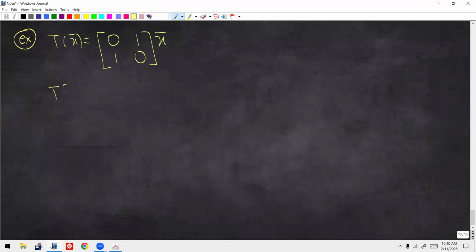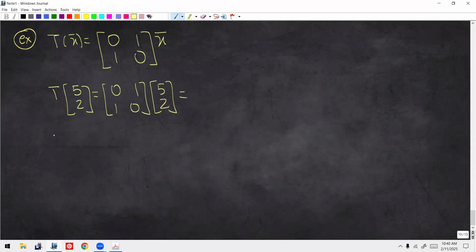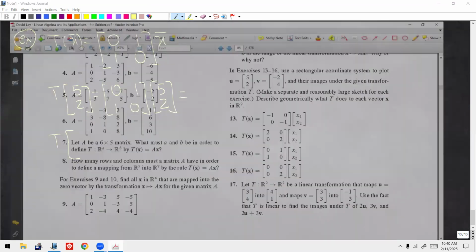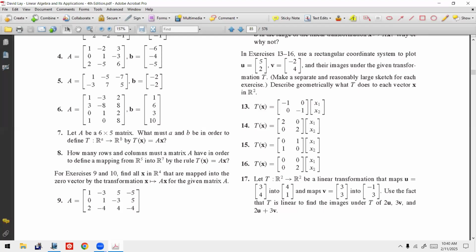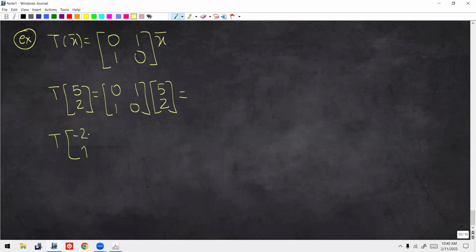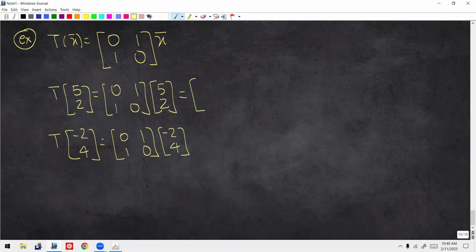So let's say T of 5, 2, and see what it does. And then let's take T of -2, 4. So we're going to multiply both of those and graph them and see what's going on, okay? So when we multiply row times column, we get 2, row times column, we get 5.